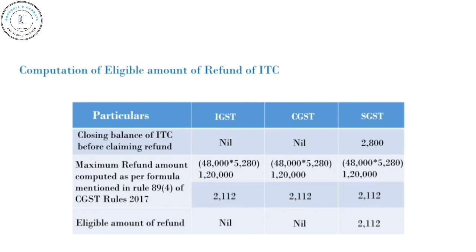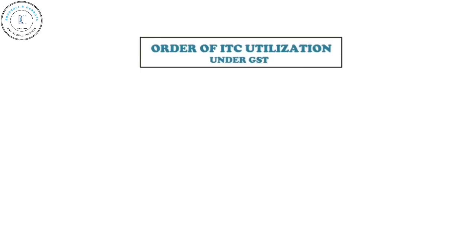That is IGST, 2,112; CGST, 2,112; SGST, 2,112. Eligible amount of refund for IGST, nil. For CGST, nil. For SGST, 2,112.